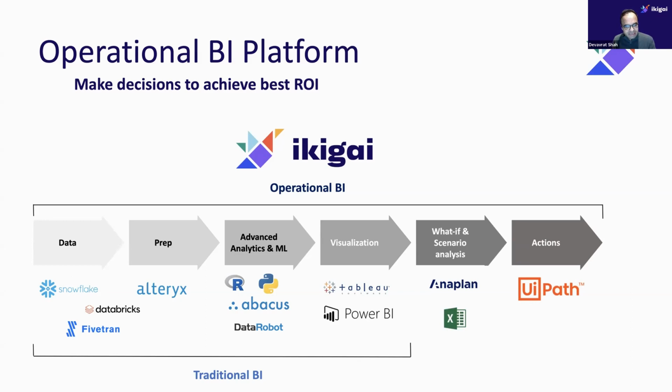Things like Databricks and Fivetran, depending on the environment, help you build scalable or easy connectors to those environments. The next step is using this connected data and preparing it so that you can do something on top of it. This is where tools like Alteryx come around and help you.